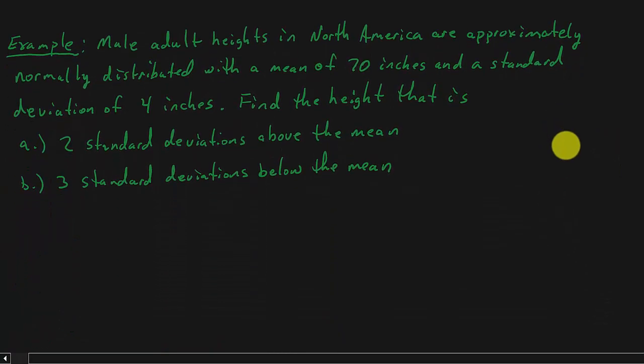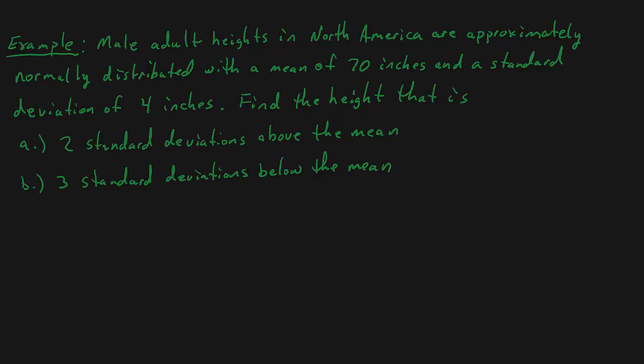It says male adult heights in North America are approximately normally distributed with a mean of 70 inches and a standard deviation of 4 inches. Find the height that is two standard deviations above the mean, and then find the height that is three standard deviations below the mean.